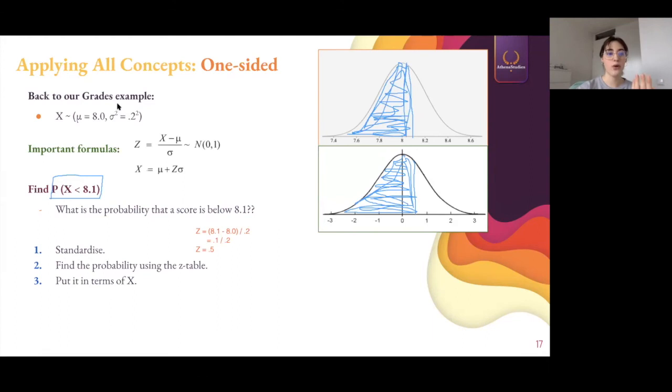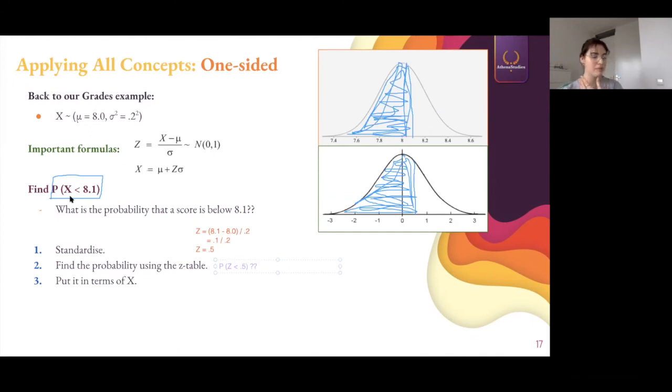Now we can rewrite what we're trying to find as the probability that z is less than 0.5. We started out with the probability that x is less than 8.1. We standardized the 8.1 to become 0.5, and now we can find the probability with this 0.5 in the z-table.